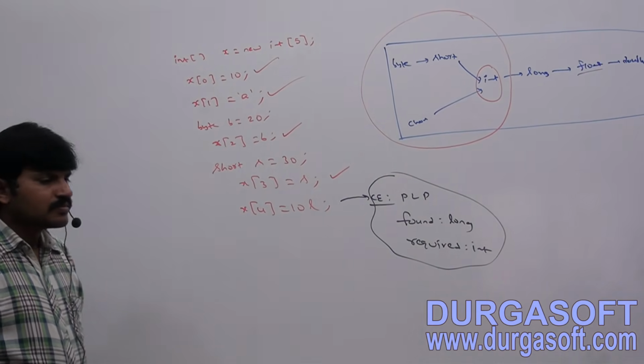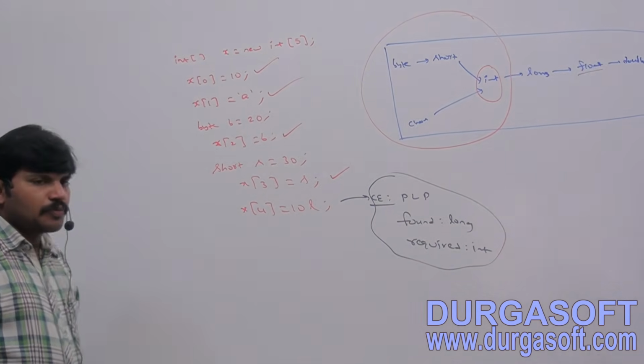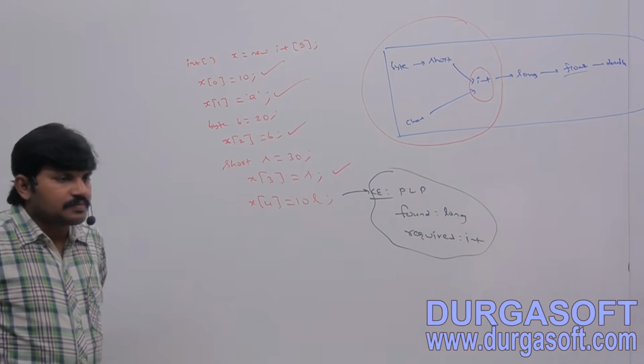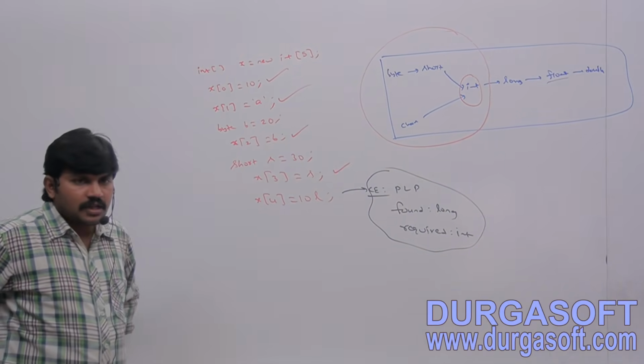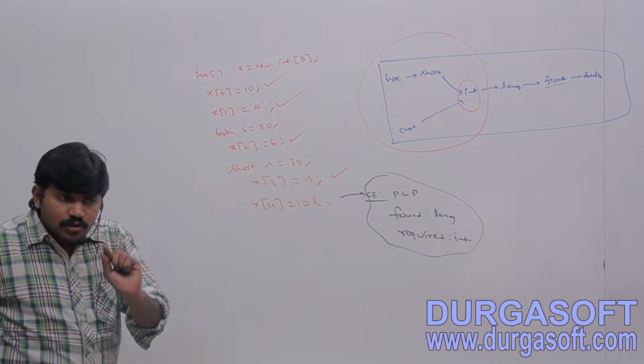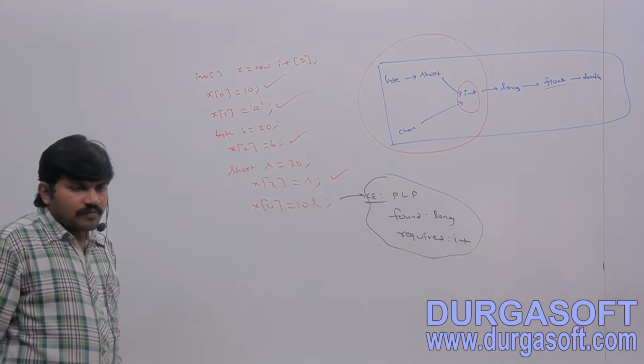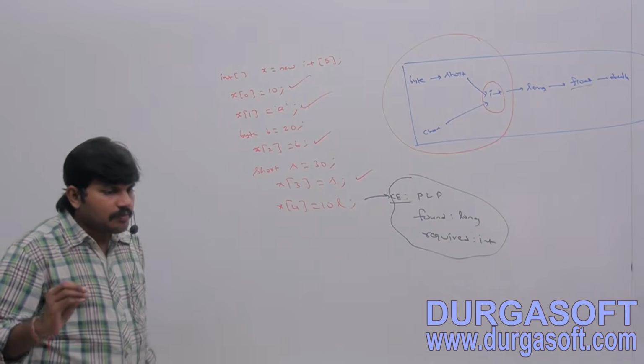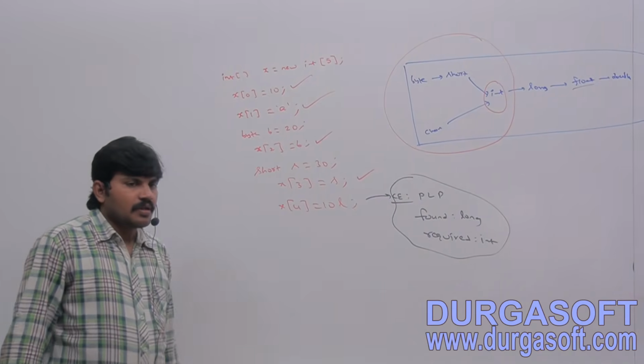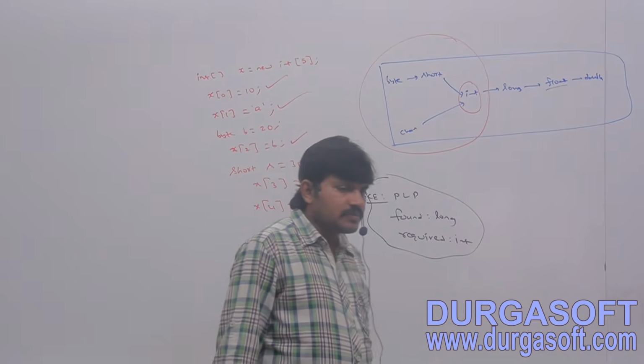Next one, which can be implicitly promoted to declared type. Any explanation required? Next, example 2.